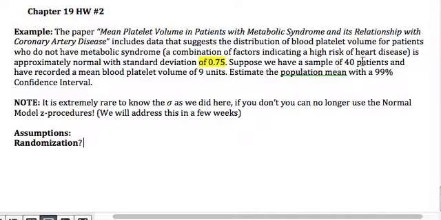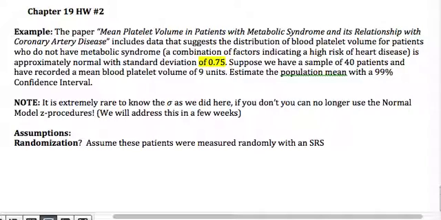It says, suppose we have a sample of 40 patients and have recorded a mean blood platelet. They didn't tell us anything about random, so we're just going to have to say, assume these patients were measured or collected randomly with an SRS caution, because we don't know that.